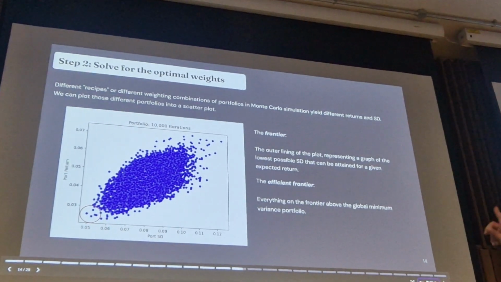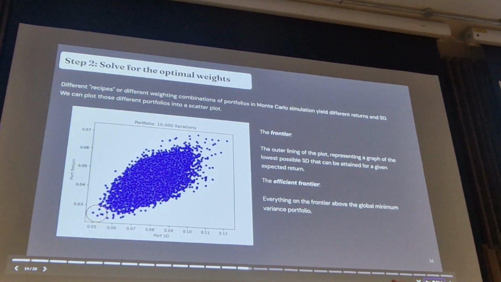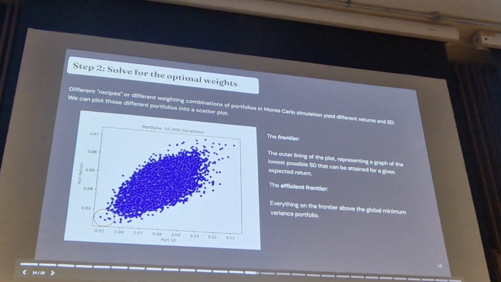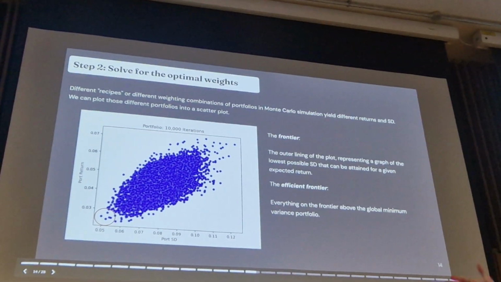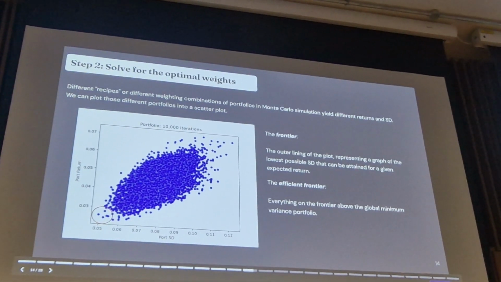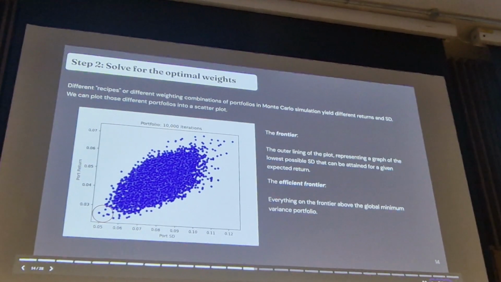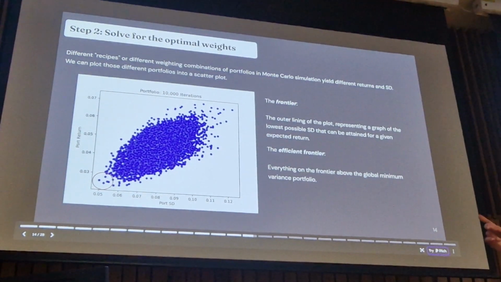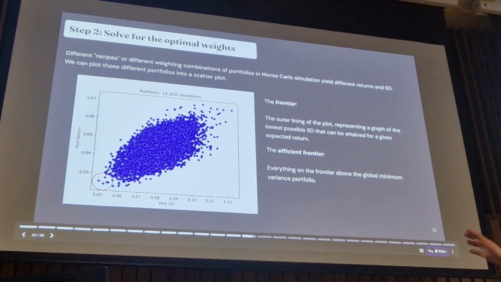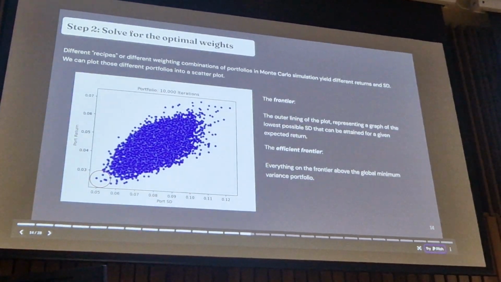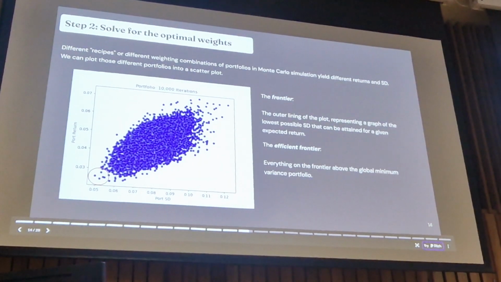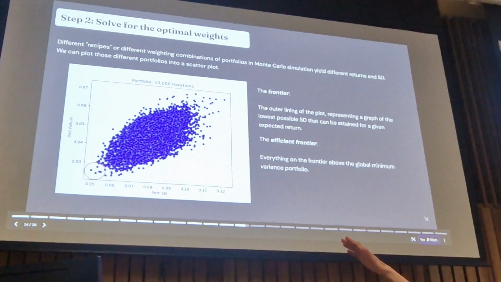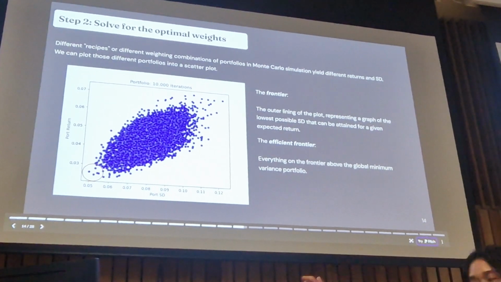But the highest return I can get with the same risk level is around 6 or 7%. And they have two different weight combinations. So why would you want to go with only 4% return if you can get the combination that can give you like 6% or almost 7% return? So that's the idea why it is called the efficient frontier. Anything above the minimum standard deviation is the efficient one.